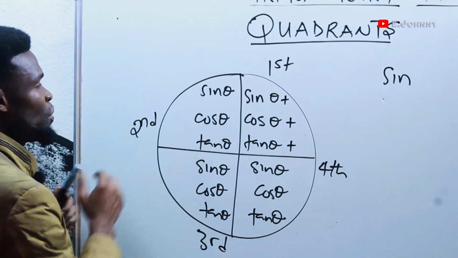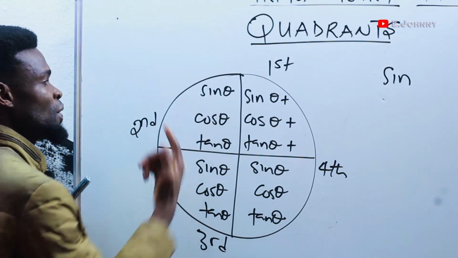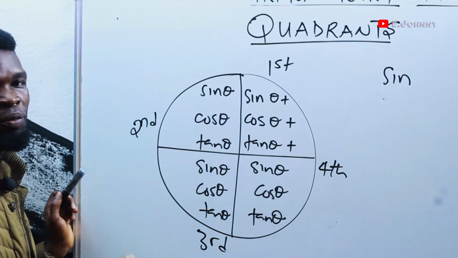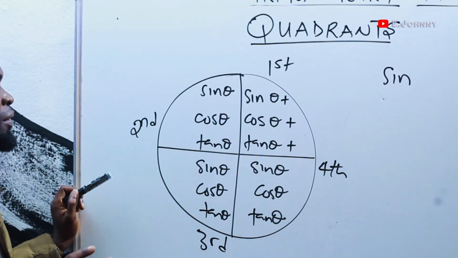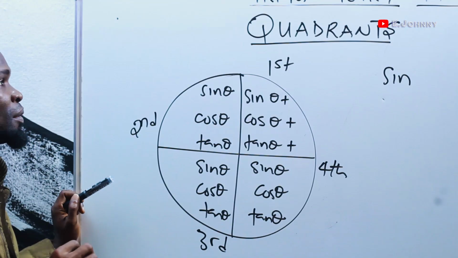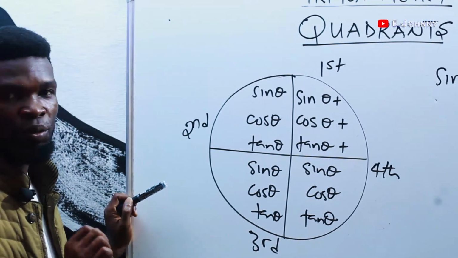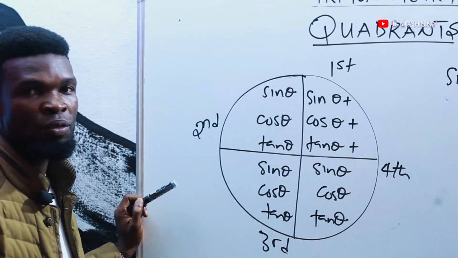But in the second quadrant, is sine positive, is cos negative, or is tan negative? These are some confusing things as far as this quadrant is concerned. But there is a way to clear that doubt or that confusion.